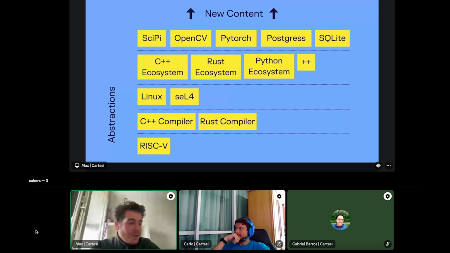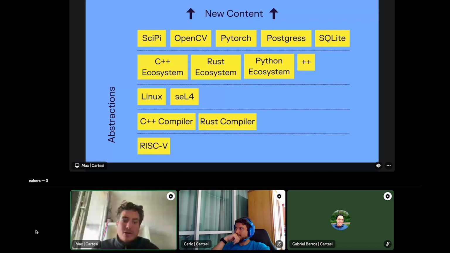Not only do you get this cool penguin, not only do you get Linux, but what does that actually mean? It means that you can actually tap into all the content that runs on top of Linux. So that means you can use languages such as C++, Rust, Python, etc. to build your DApp, but you can also tap into complex libraries.